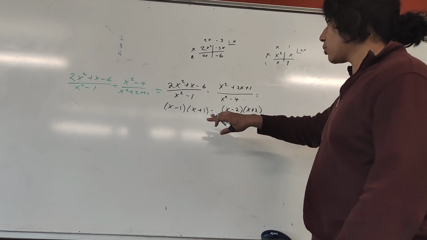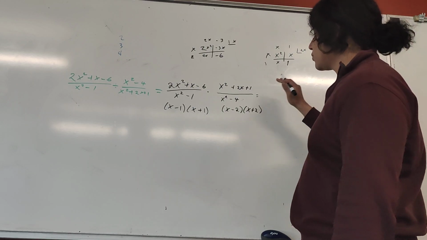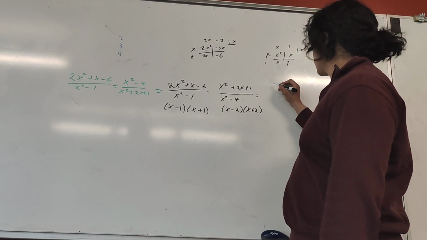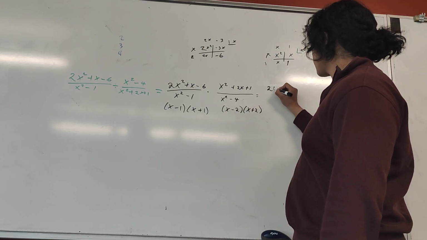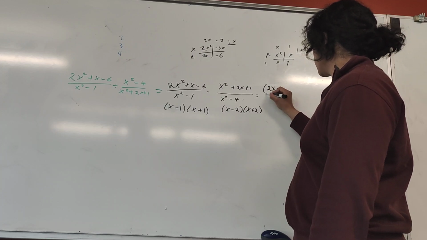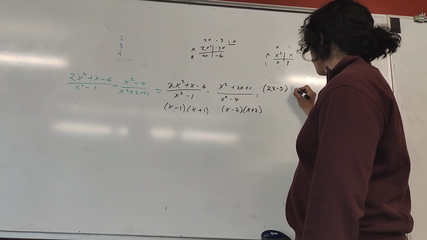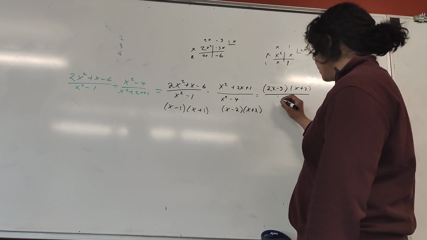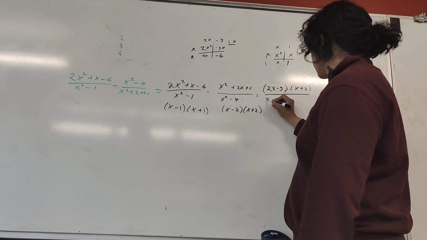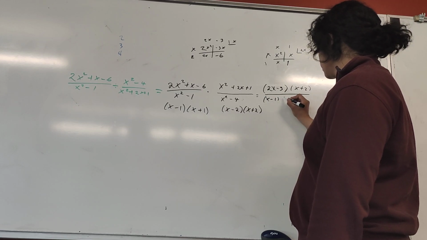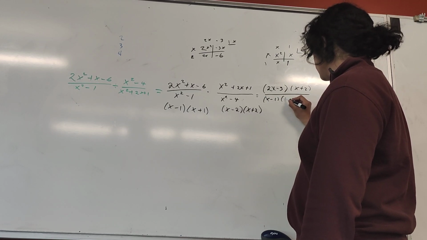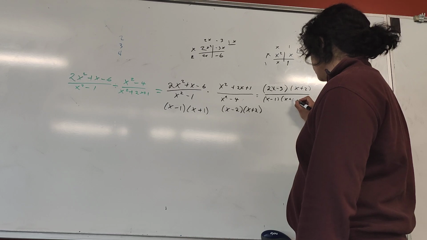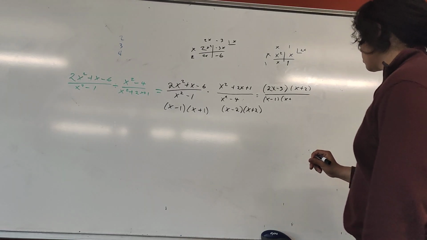So since here we already have the factors, we can rewrite it down finally. So here we have 2x minus 3 of x plus 2, x minus 1, plus or minus x, whatever here.